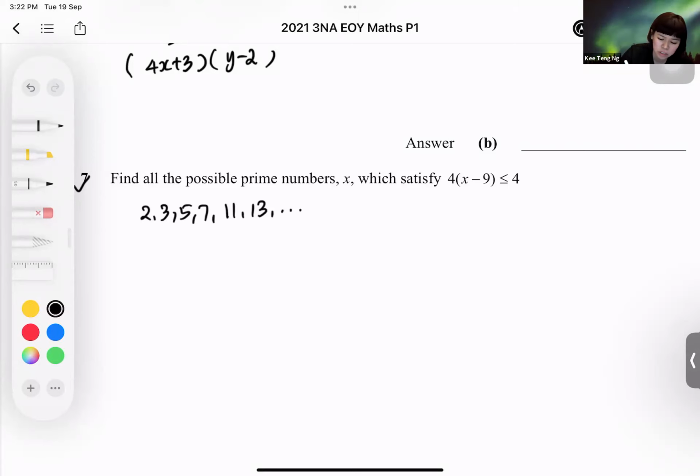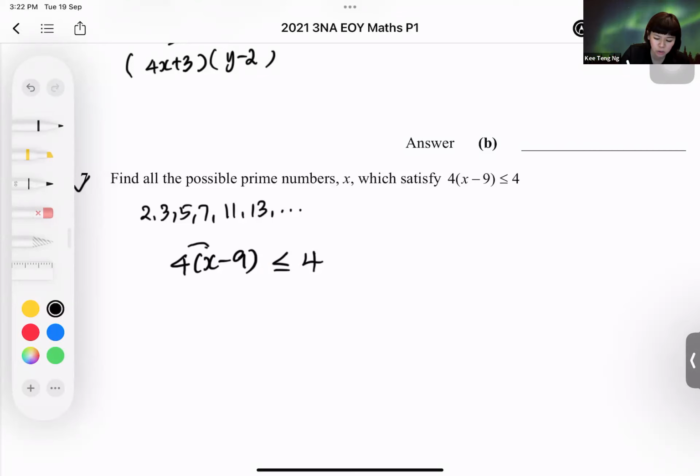So now my question is 4 bracket x minus 9 less than or equals to 4. This works just like an equation, just that when we divide by negative number, we must remember to handle our inequality sign. That's only when we divide by negative number. When you don't divide by negative number, then nothing much changes.